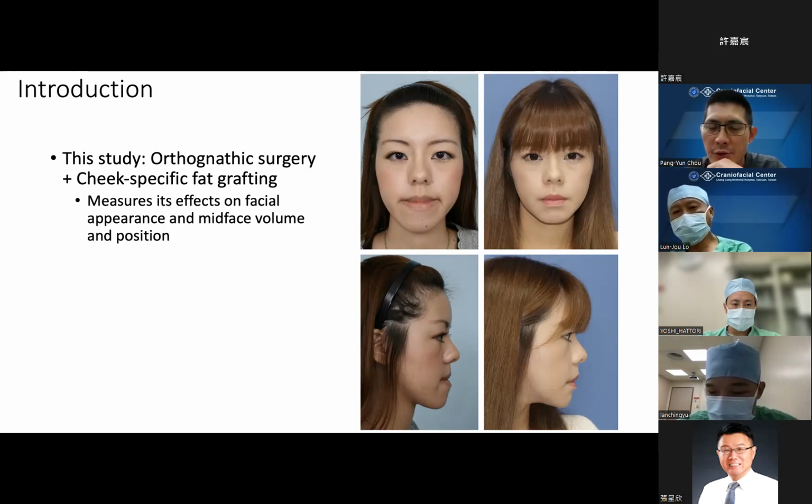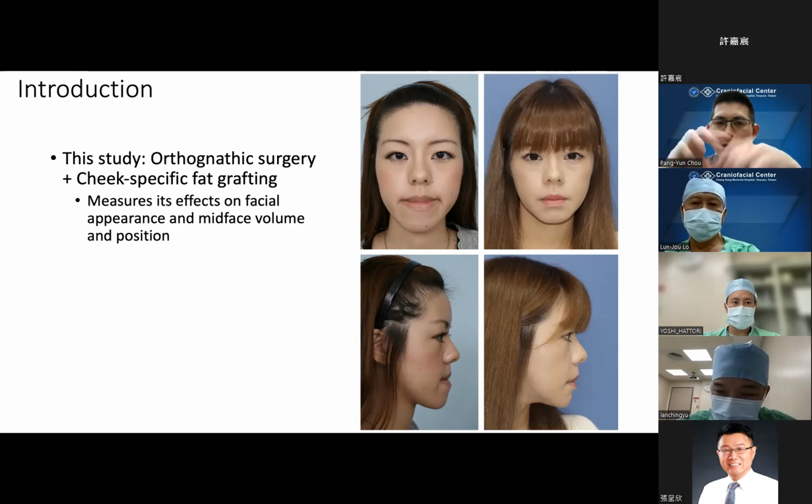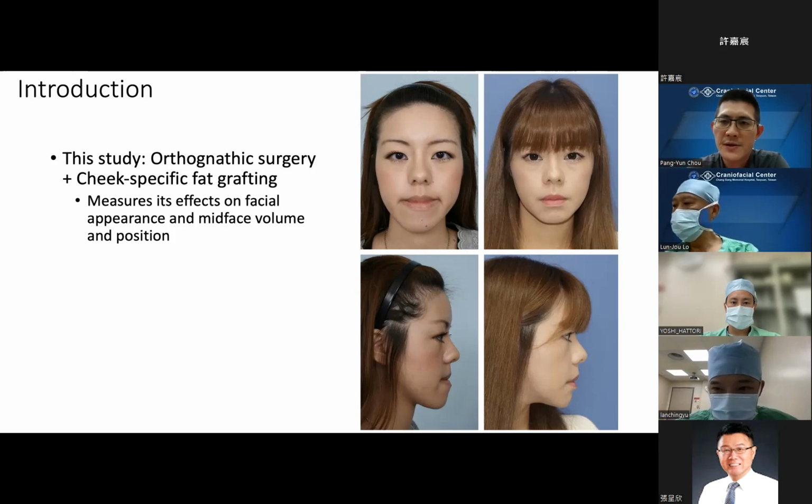So I have one question for Professor Chen. When we do the OGS, we focus on the mid and lower face. Of course, the upper face, forehead, or the temporal area is not moved in orthognathic surgery. So I think because they are not moved, unchanged, we could easily predict the result of the fat grafting.